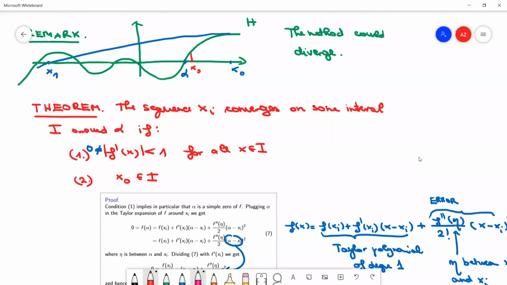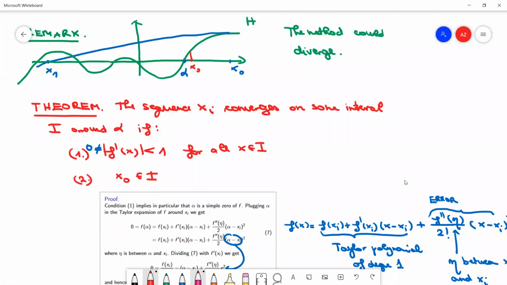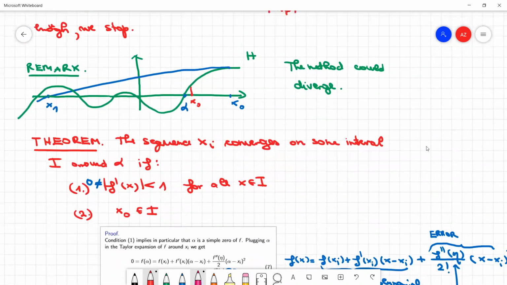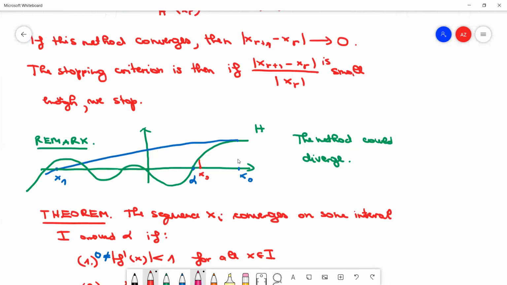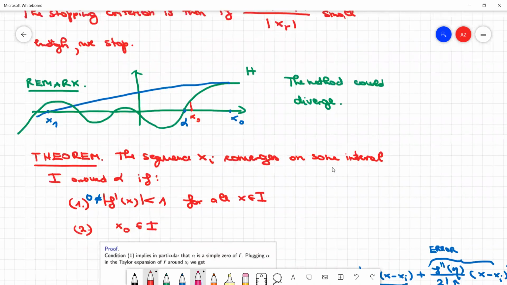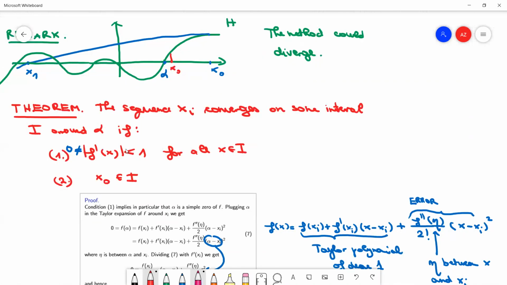So at the end of the second hour of today's lecture, we studied Newton's method for one equation in one unknown. We derived the method geometrically, and then we wrote the theorem about the convergence. And we came to this problem with the first condition, that the derivative must be smaller than 1.